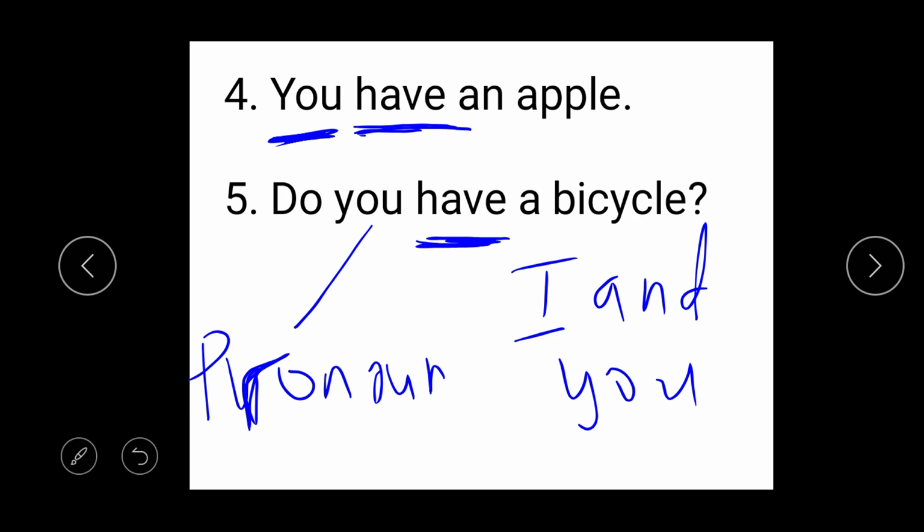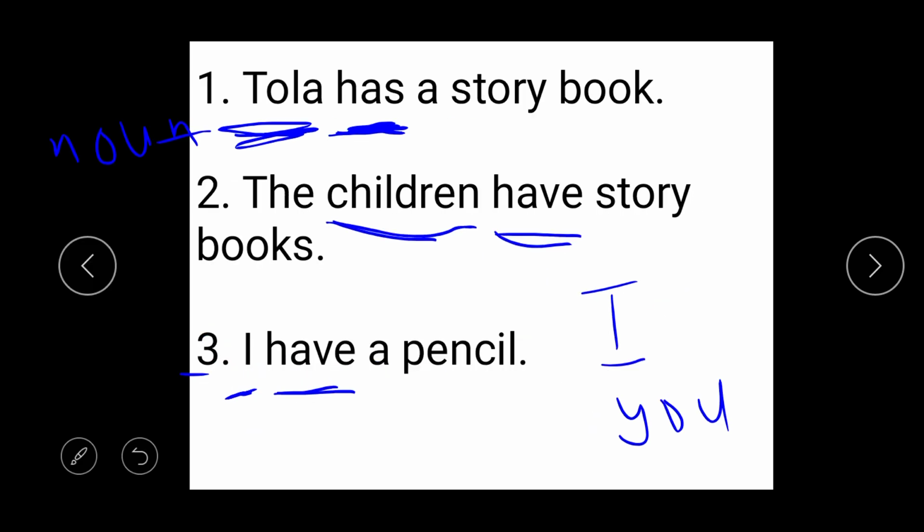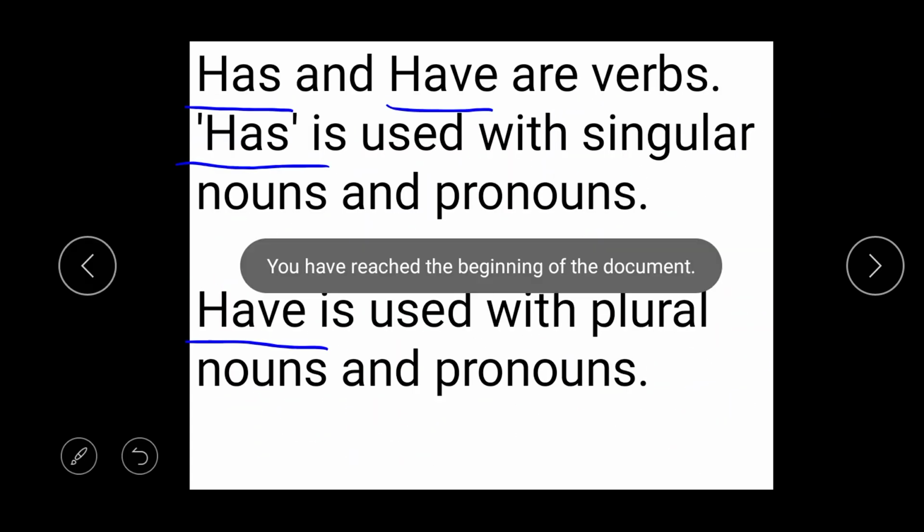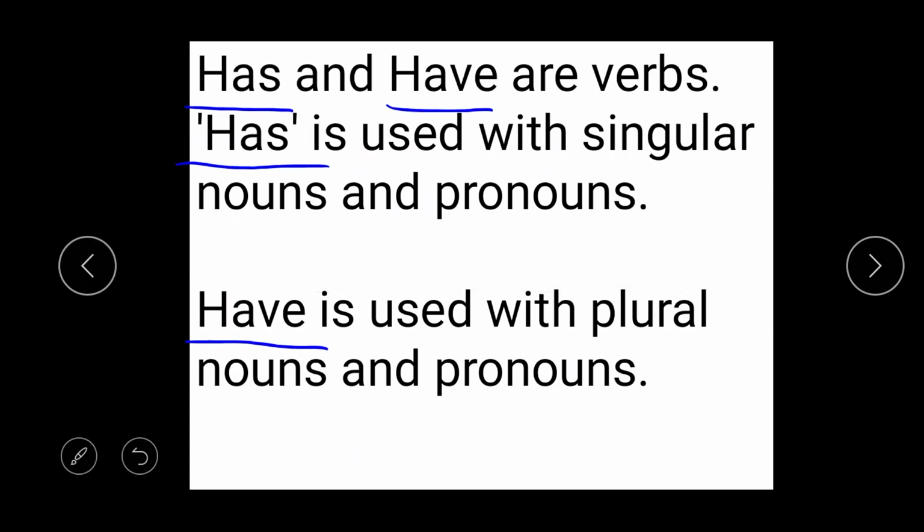So let's do a quick recap. We use has with singular nouns and pronouns. We use have with plural nouns and pronouns. And I and you also take have.